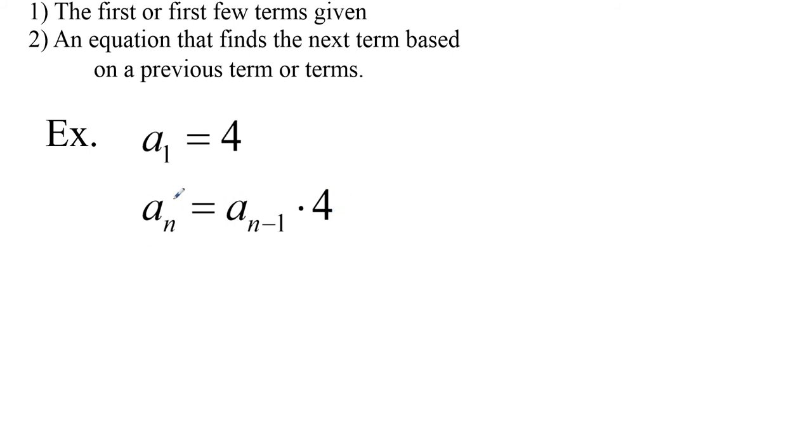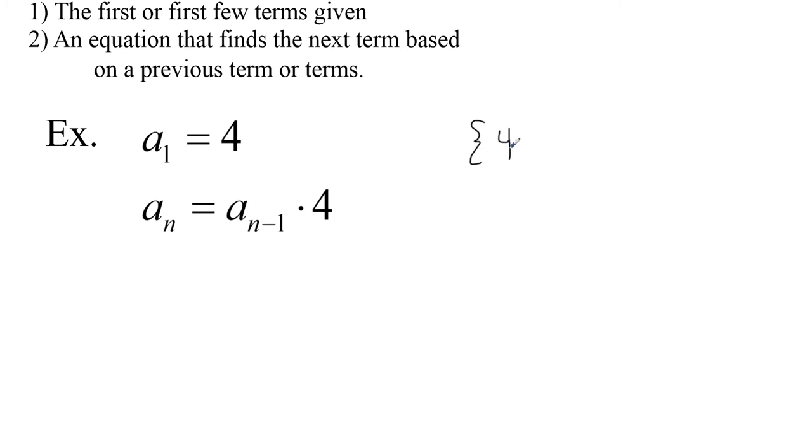So what this says is that the term that you're looking for is defined by taking the term that comes before it. So if we're trying to find the fifth term, we plug in the fourth term and then we multiply that by 4. So if I'm trying to find the first 5 terms of this sequence, they already give me the first one.